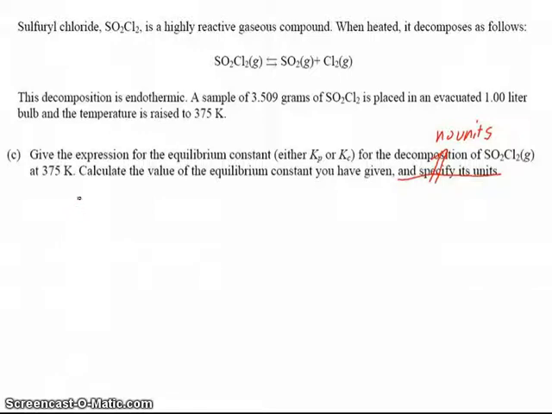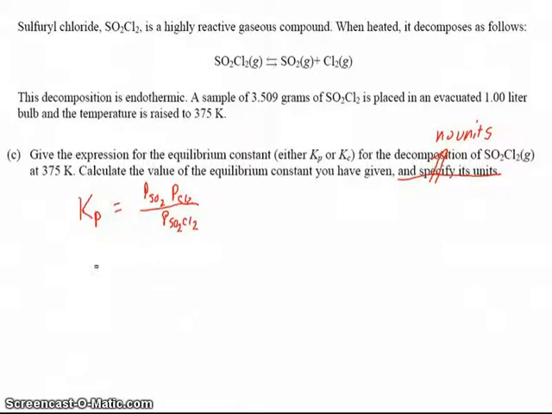And so our value for Kp would be easiest since we already have pressure data. So Kp for this then would be the pressure of sulfur dioxide times the pressure of chlorine gas divided by the pressure of sulfuryl chloride, all to the power of 1 because all coefficients in the balanced chemical equation are 1.